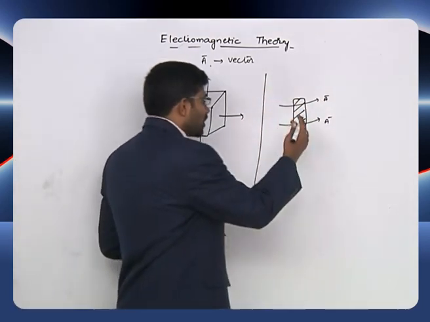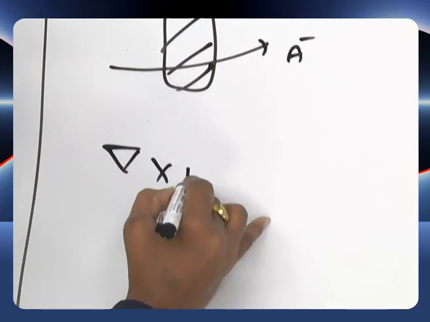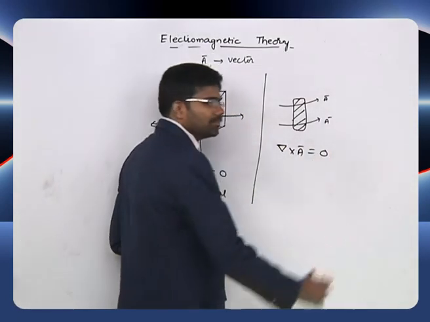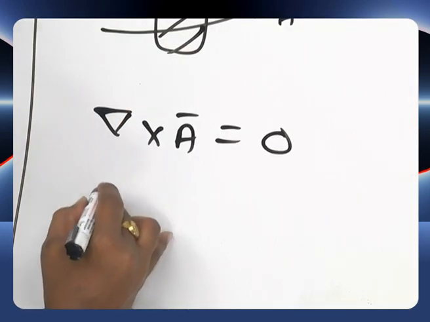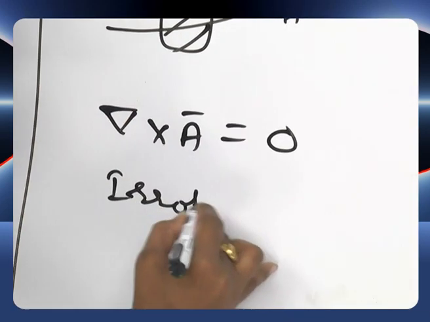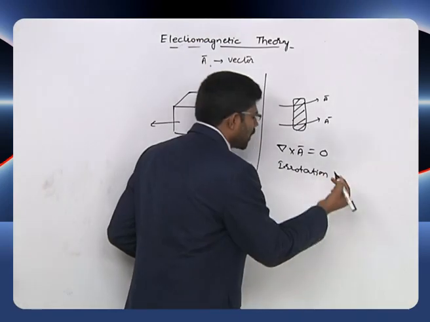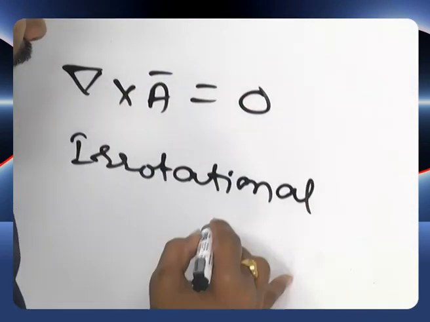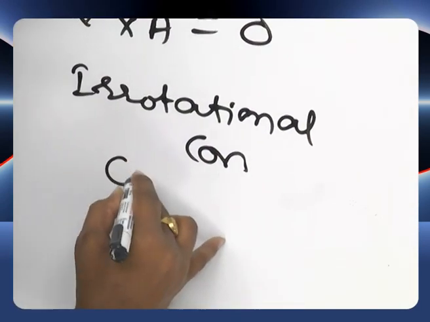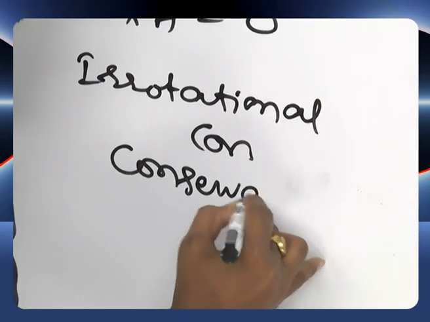If it is not capable of rotating, then del cross A bar is equal to 0, that is, the curl becomes 0. If del cross A bar is equal to 0, it is called irrotational. The vector A bar is not rotational, so it is called irrotational, or the field is conservative.